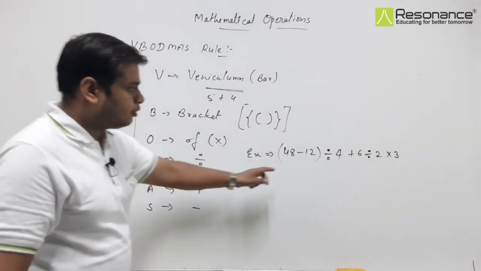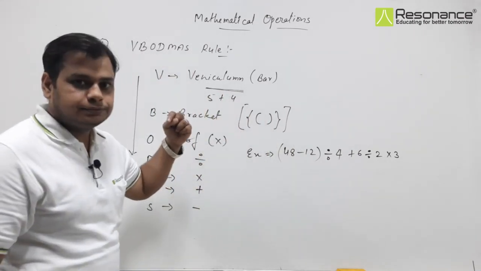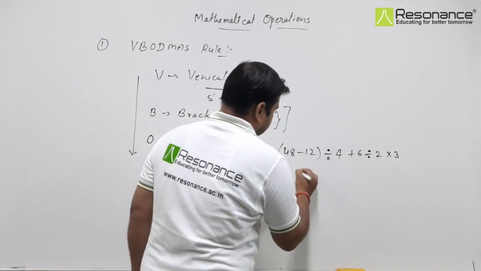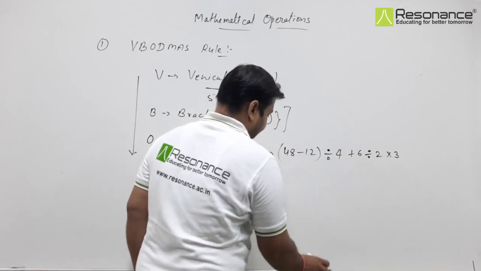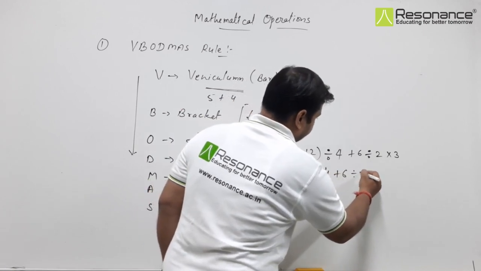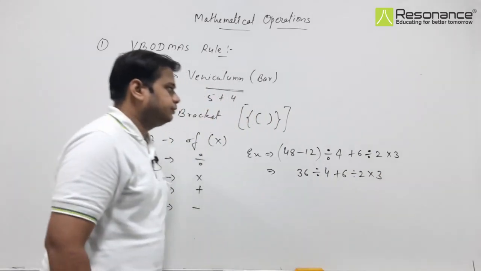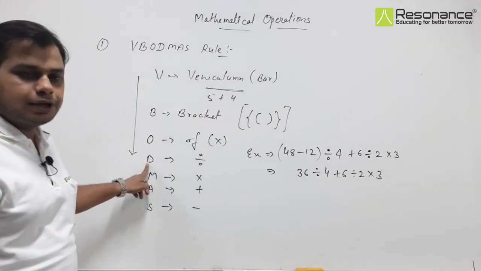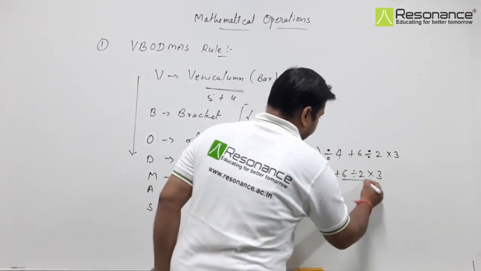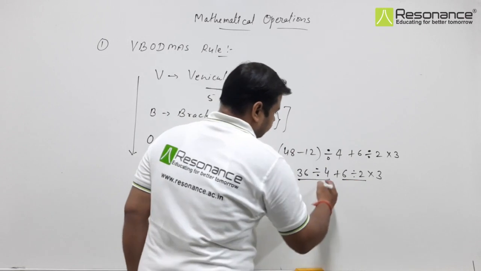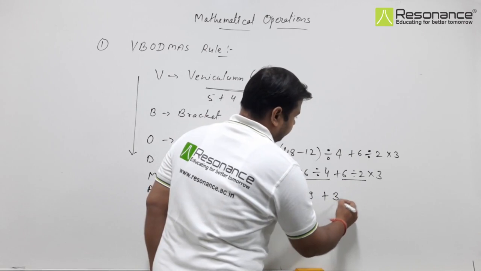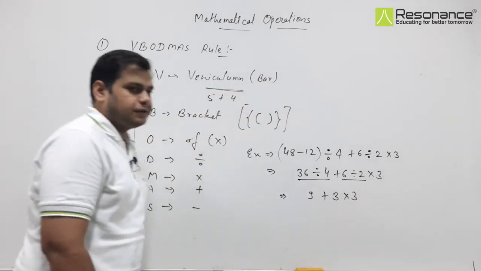So first of all we'll solve bracket because we don't have vinculum here. So we have to solve bracket. 48 minus 12 is 36, divide by 4 plus 6 divide by 2 multiply by 3. The bracket is completed, we don't have off, so now we have to solve division. 36 divided by 4 and 6 divided by 2. 36 divided by 4 gives us 9 and 6 divided by 2 gives us 3, multiply by 3.